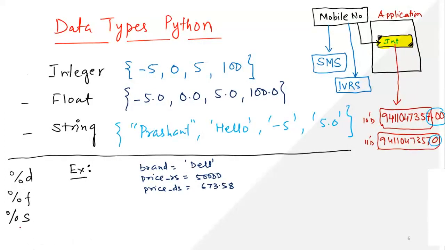If I ask you what the first one is, integer, float, or string, it is a string. This one is your integer, and this one will be your float.